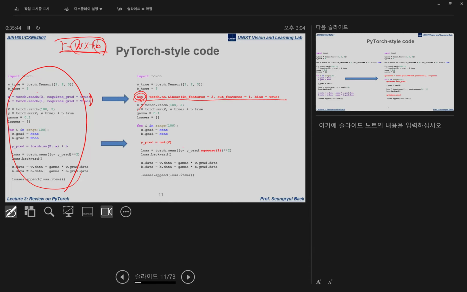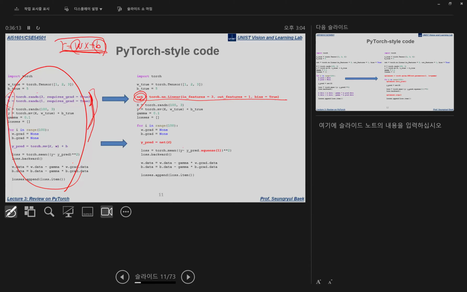Let's assume that you are implementing some big network having many parameters, maybe 100 lines of parameters. Now we are implementing this simple linear regression having just W and B, but if we implement a big architecture having 100 parameters, then we need 100 lines of code for this.